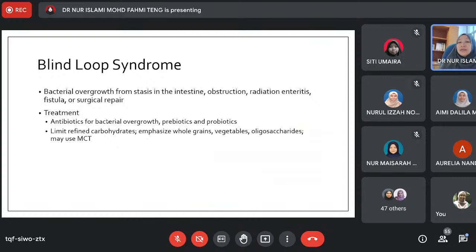We limit refined carbohydrate and emphasize whole grain, vegetable, oligosaccharide, and we may use MCT to meet the energy needs, and also because of the steatorrhea kan kita may use the MCT lah.